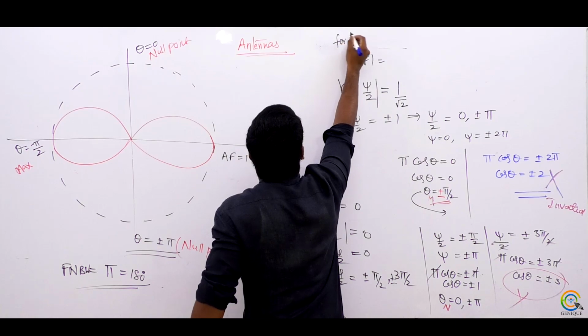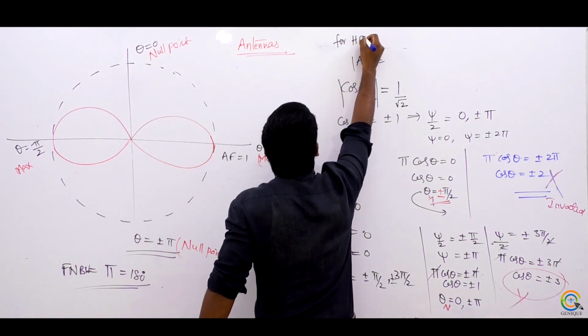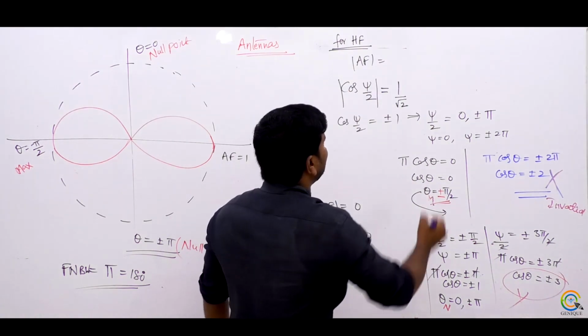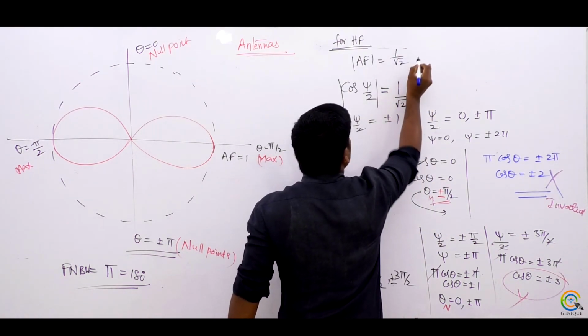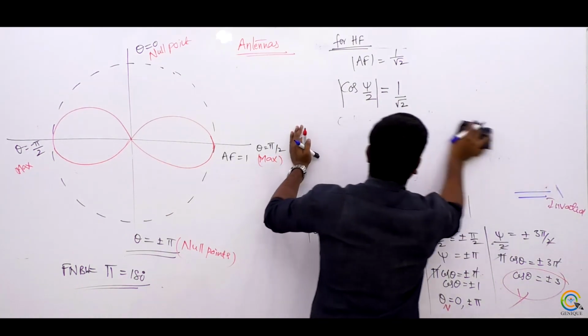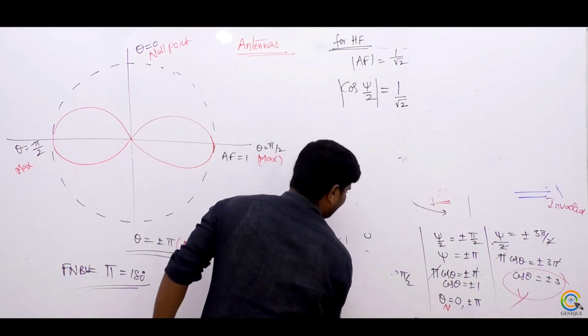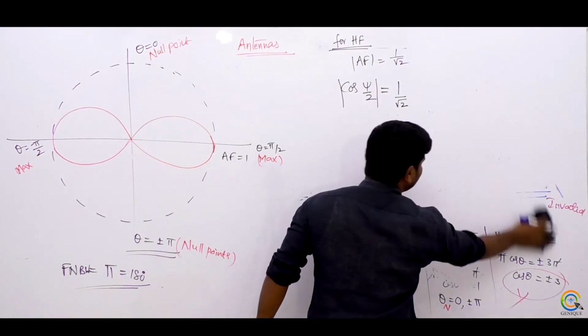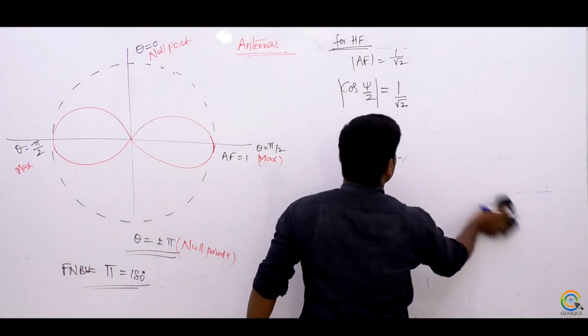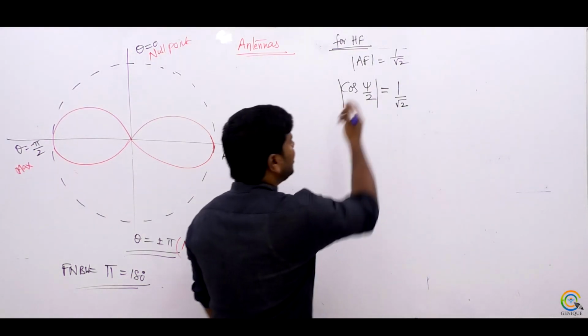For half power, this array factor must be equal to 1 by root 2. Okay. So from this you have to find the points where you will get the theta values.